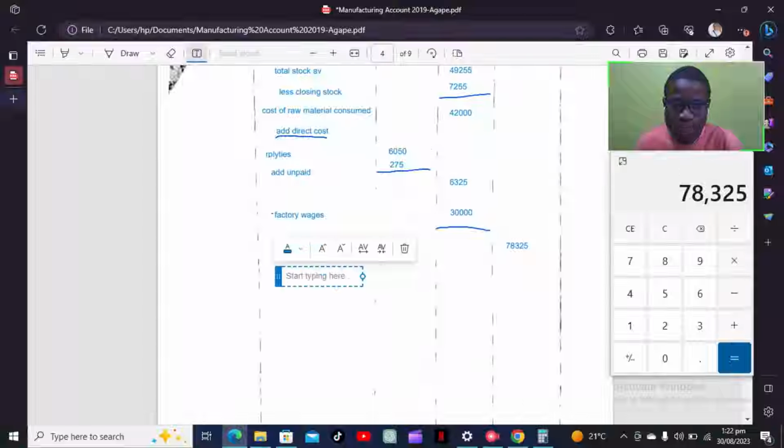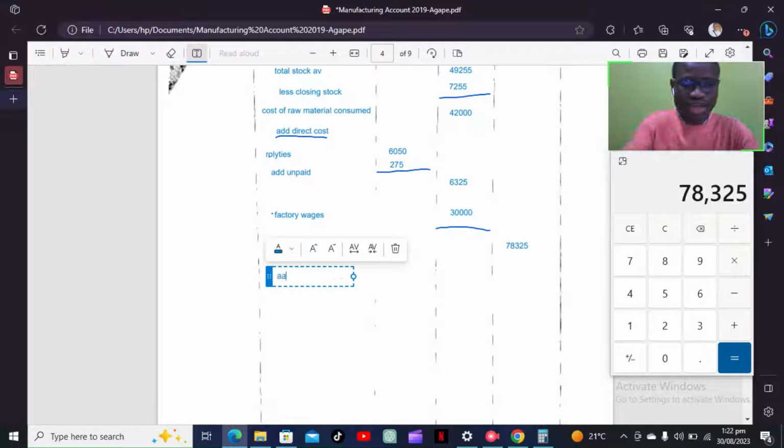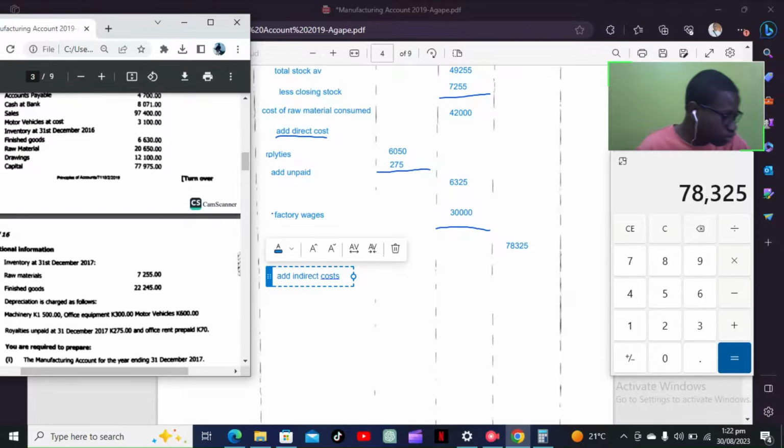So from here, we're going to bring about now the issue of add indirect costs. Indirect costs are simply costs we are unable to trace, but they are available. They are concerned with the manufacturing of the goods, but they are linked indirectly.